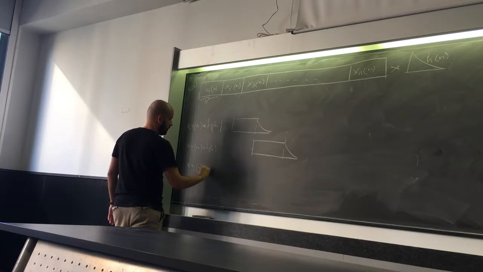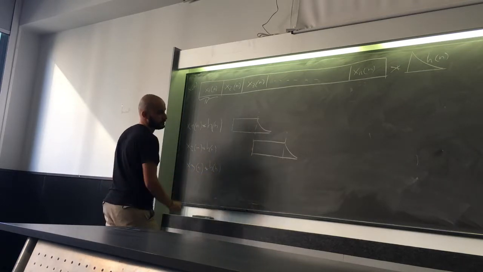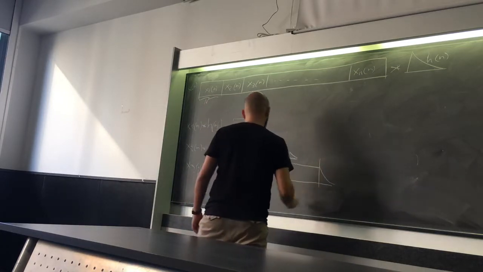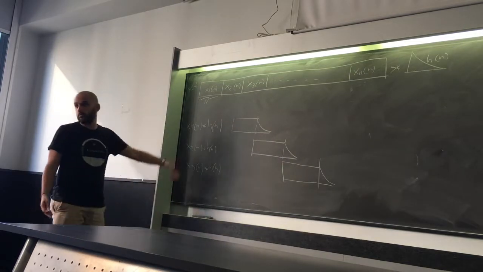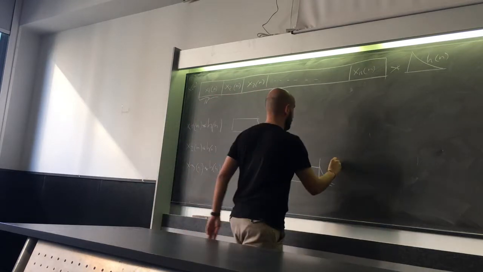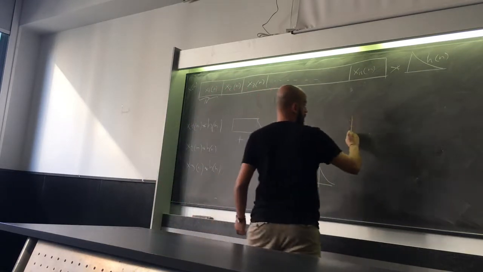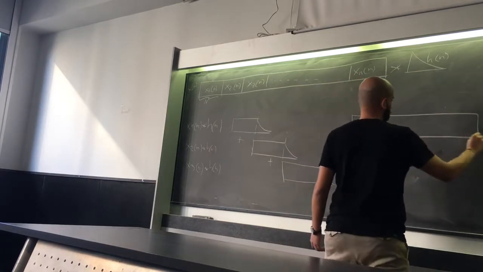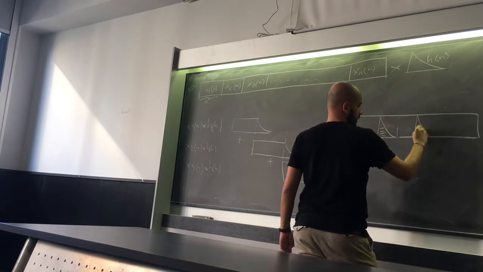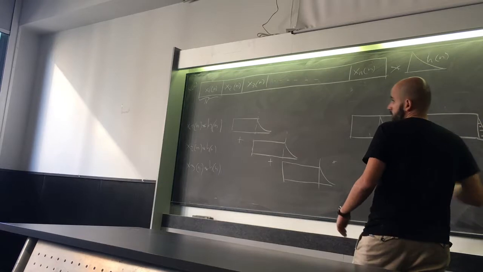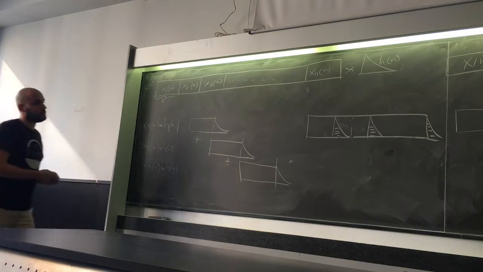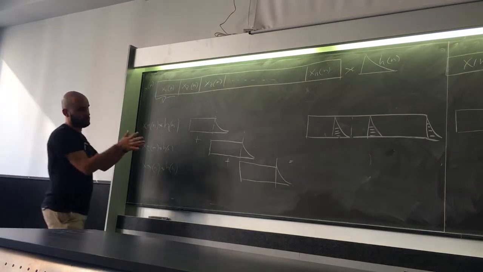And you go on. Then, once you have this, you just need to sum up along the vertical dimension. And in the end, what you get is exactly the result. So, block by block, and then you sum them up.